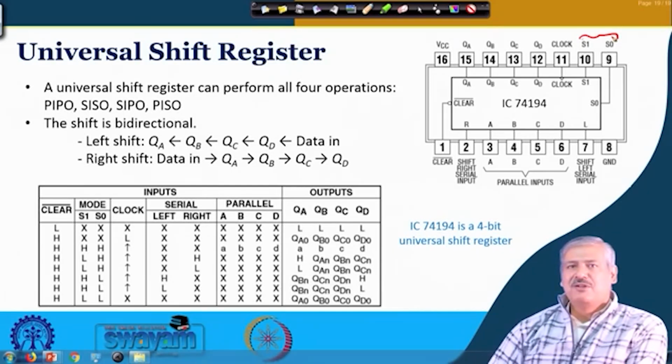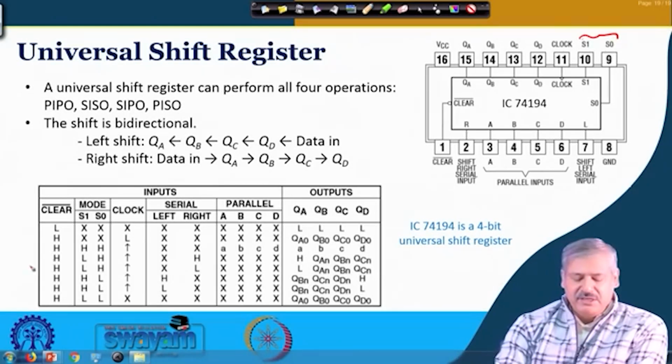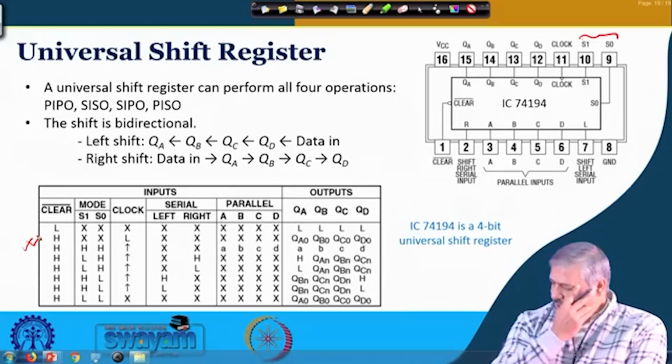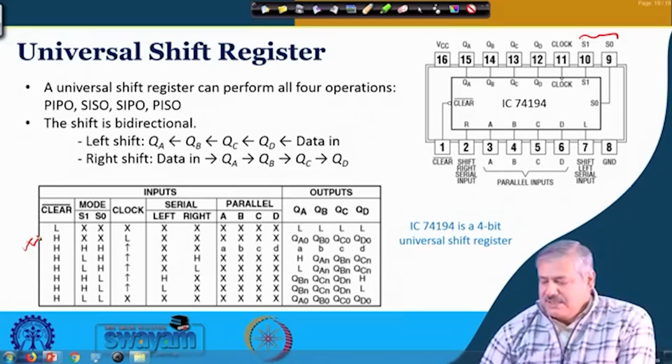These two control inputs between them offer four possible options: 0 0, 0 1, 1 0 and 1 1. For 0 0 we expect a certain operation, for 0 1 something else, and so on. This is depicted in this truth table. We shall have a more compact and easy to understand version of it in the next slide, which I shall discuss shortly.